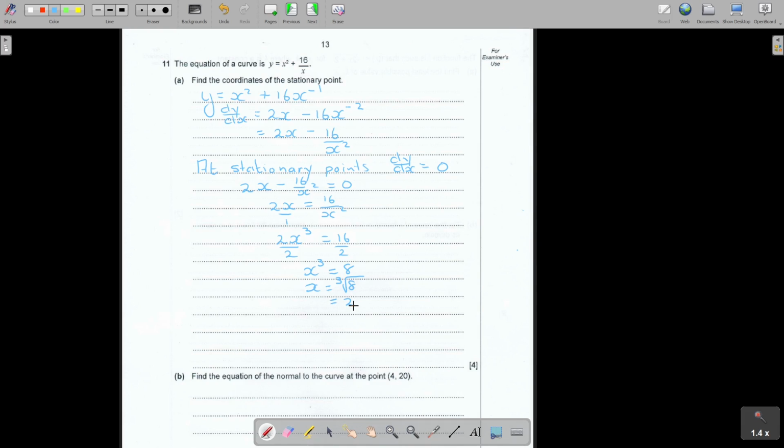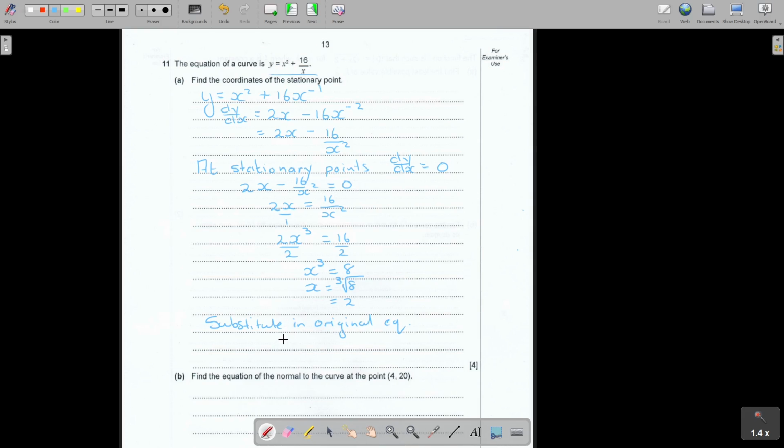And then I substitute it in the original equation. You don't have to write "original equation".